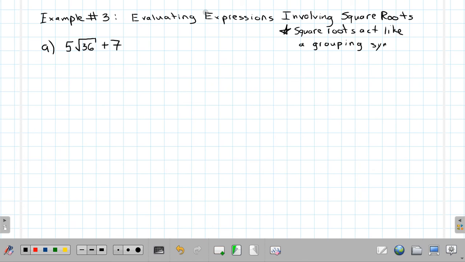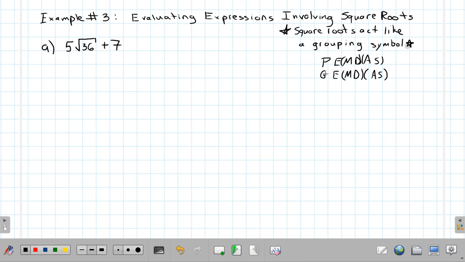So what I mean by that is, well, if you look at PEMDAS, or GEMDAS, well, the first thing that you do is either the parentheses or you do the grouping symbols, okay?